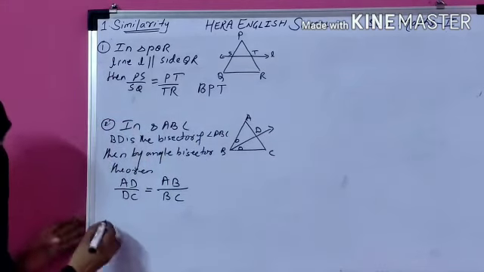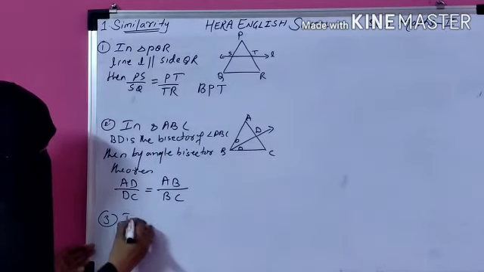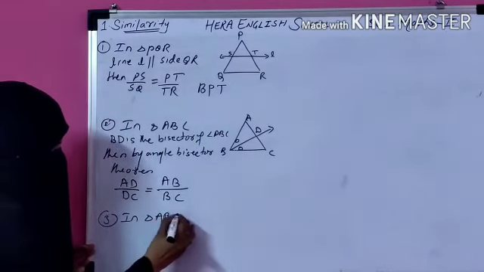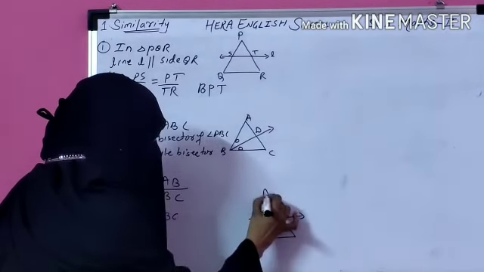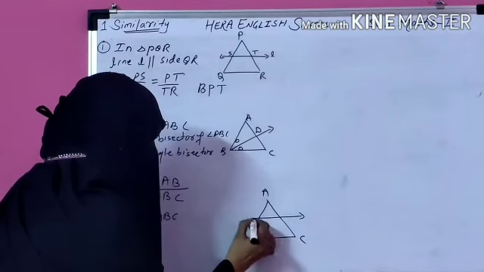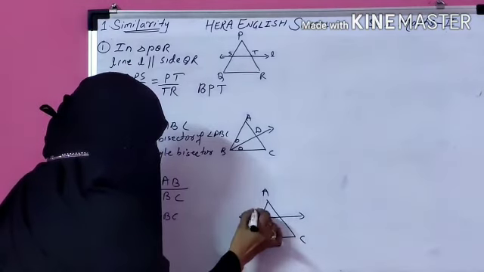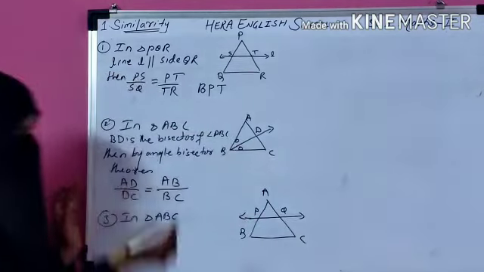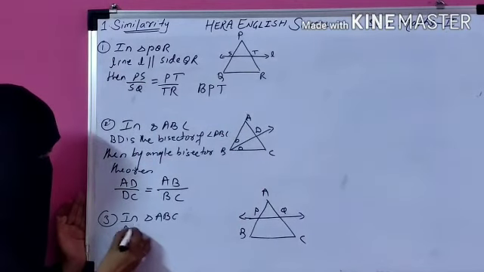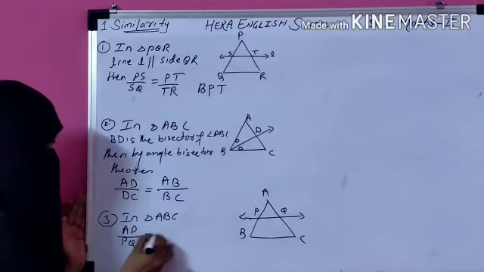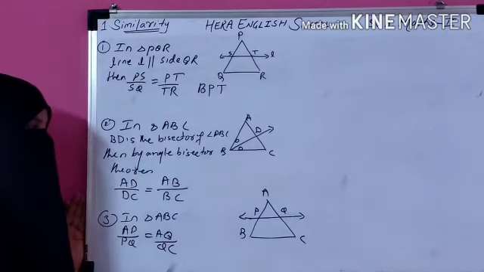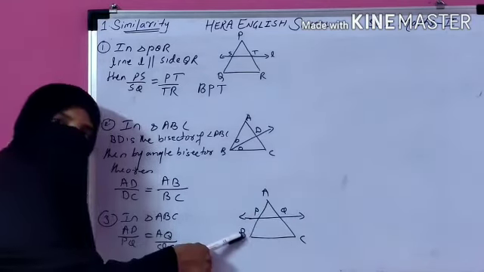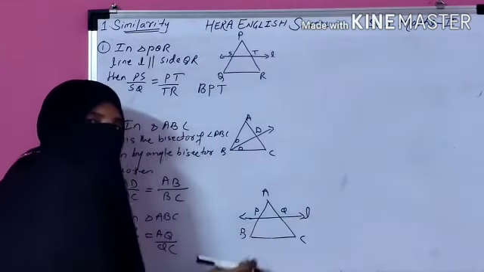Okay. Now suppose in triangle ABC, they have given AP upon PB is equal to AQ upon QC. We have discussed that if the ratios of two sides are equal, then the line is parallel to the third side.